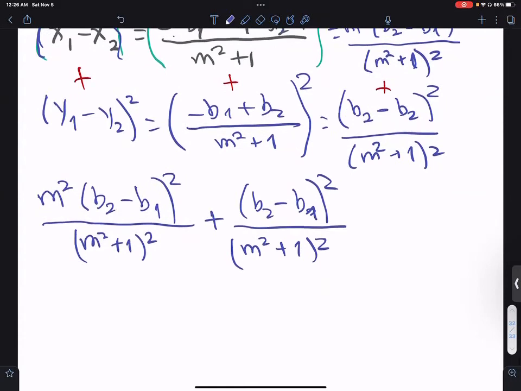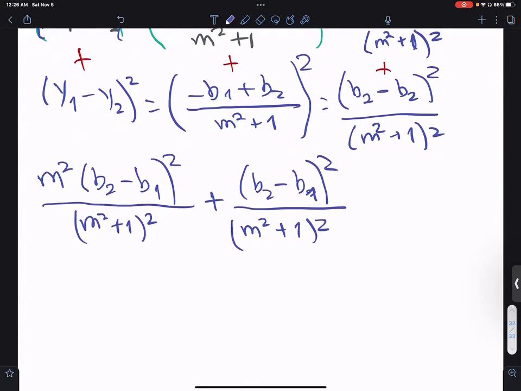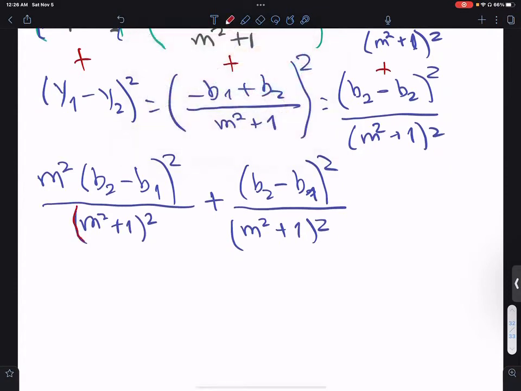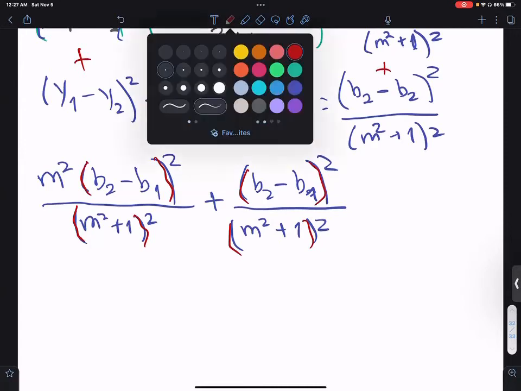You can see that we have the same denominator here, and we have this common on both fractions.